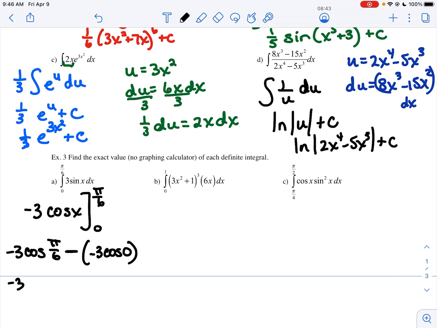Well, it is radical 3 over 2. Minus a negative becomes a plus. What is cosine 0? Cosine 0 is 1. So this is negative 3 square root 3 over 2 plus 3. And that's my answer. Okay, ugly but true. Very ugly but true.